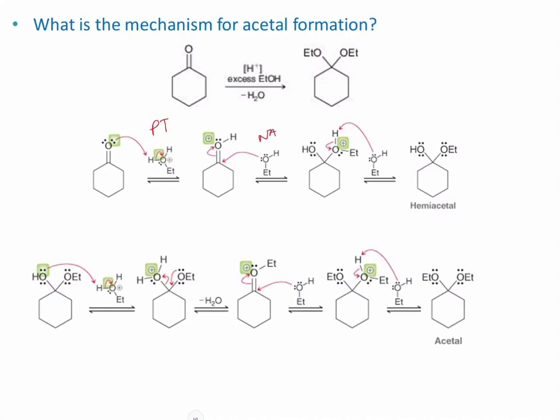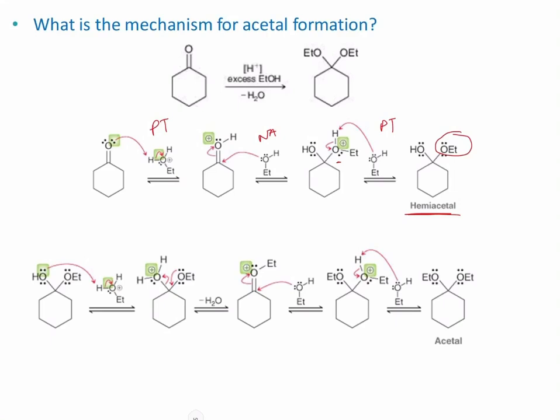Once you have the nucleophilic attack, the alcohol that we are using here is going to be protonated. So then we need to do deprotonation. So proton transfer to do deprotonation, and then we have installed the first ethoxy group. And that is called hemiacetal.